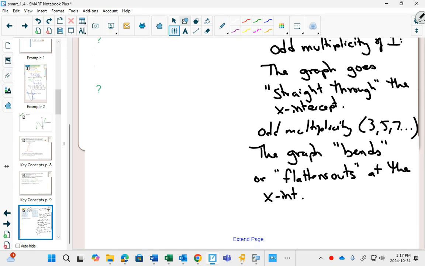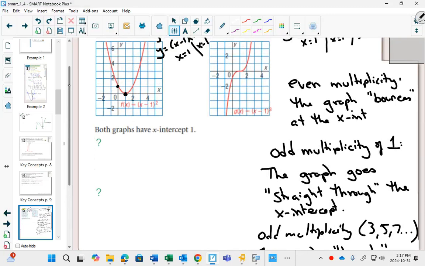It's actually one of the major differences between the tan graph and an x-cubed graph. An x-cubed graph, actually you can draw a little tiny flat line there. It flattens out for 1 millisecond, completely flattens out.